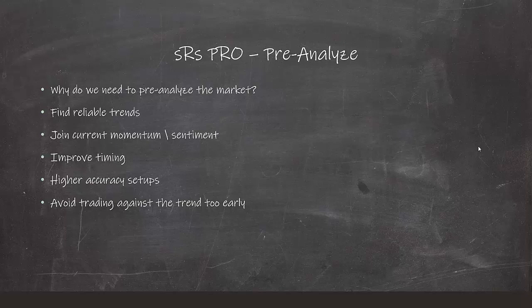So, as mentioned, it not only helps you to find reliable trends, but also to avoid the wrong directions with lower probabilities. It helps you to join the current momentum and sentiment of the market, of the instrument you are looking to work with.